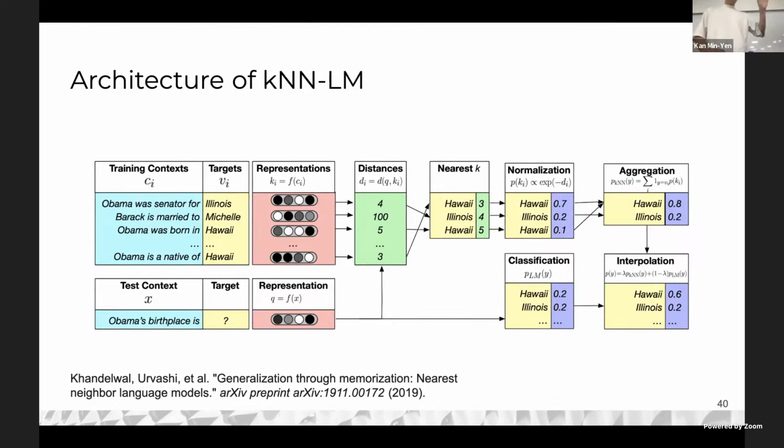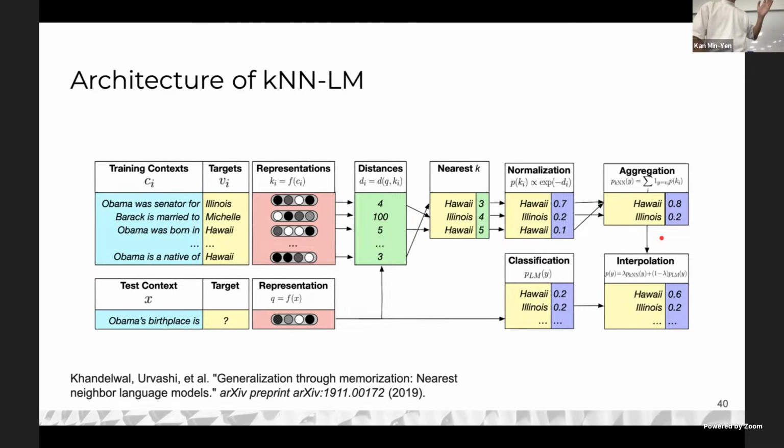So we can leverage the memory here. First, we calculate the distance between the current context representation and the entire memory representations, and we select the top k nearest candidates. After that, we normalize it, and if some candidates overlap, we aggregate these candidates.